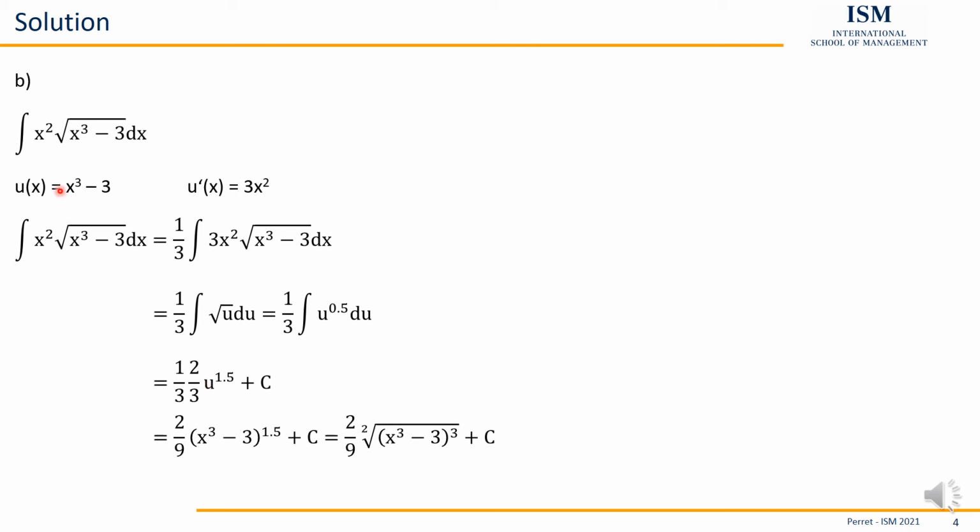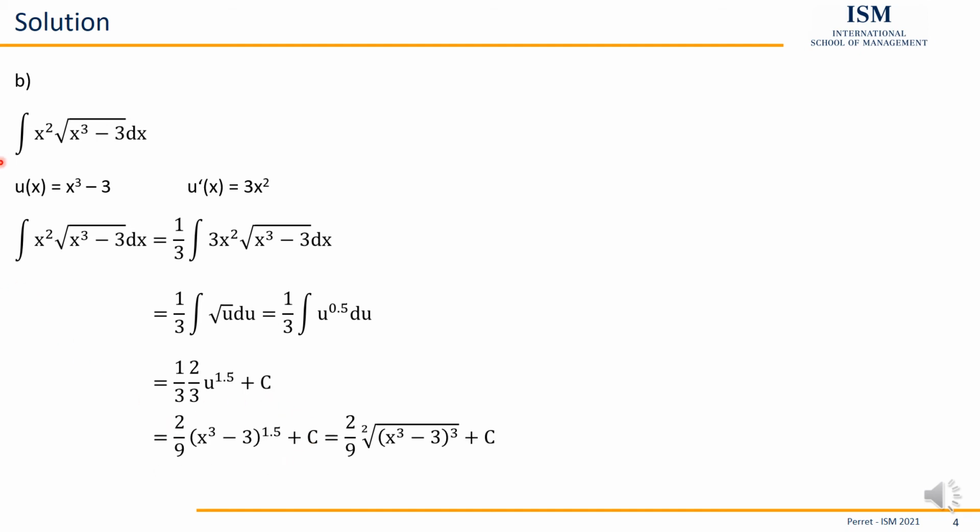Instead of u, we again write x to the power of 3 minus 3 to the power of 1.5. Here we get 2/9. And well, this is 3/2. So something to the power of 3/2 means square root, that's the divided by 2, to the power of 3. So that's the more scientific way of writing this expression.